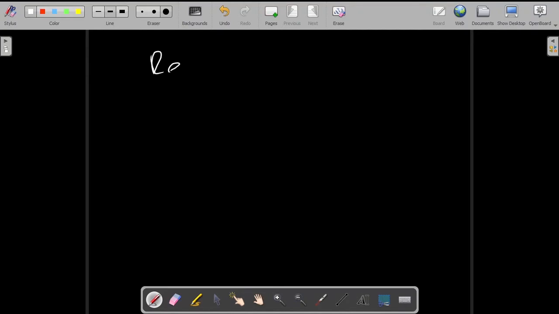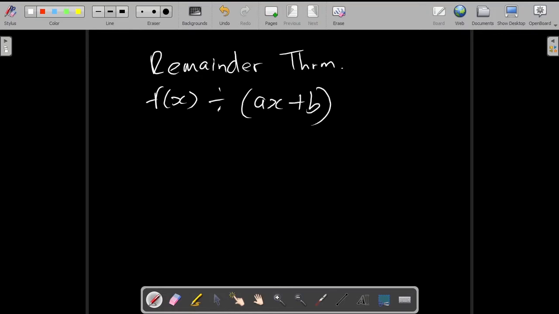So starting with the remainder theorem, I'm just going to write this for short. The remainder theorem says that if a polynomial, which is basically an expression that has many terms, f of x, is divided by some linear polynomial, x plus b, and by linear we're basically saying that the highest power in the expression is 1.